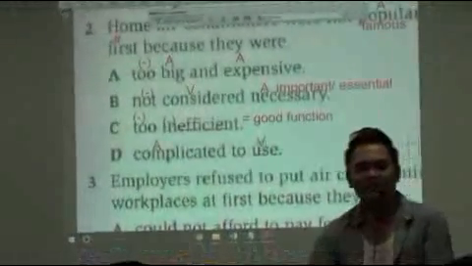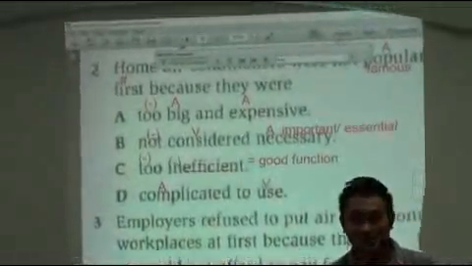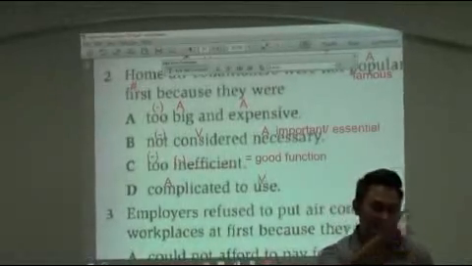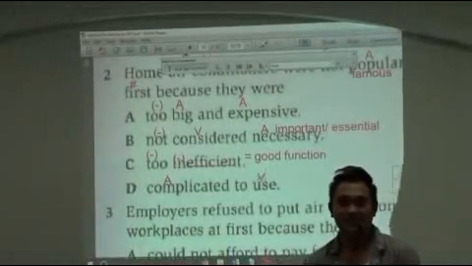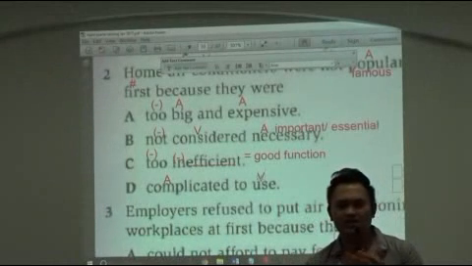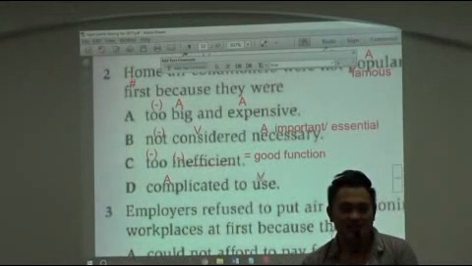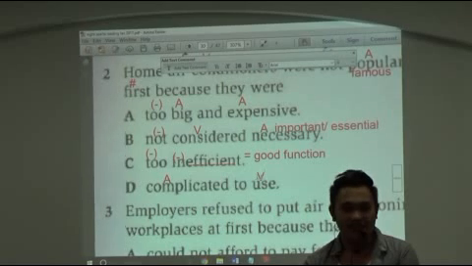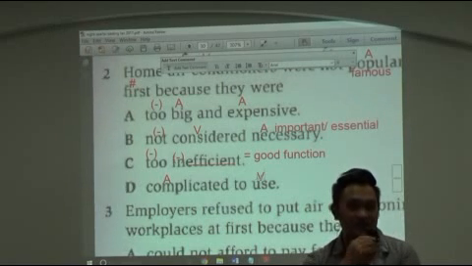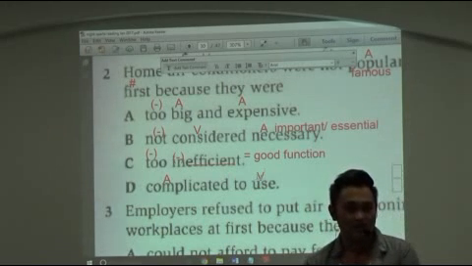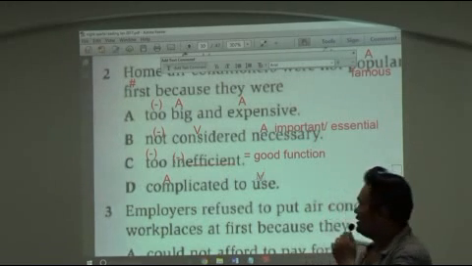Now, in this case, A, B, C, D, how many percent do you think you can get correct if you just guess? 25%. We need to increase your chances. How do we do that? The last thing that I need you to remember is look for similar options. Everybody say it, similar options. What am I saying?